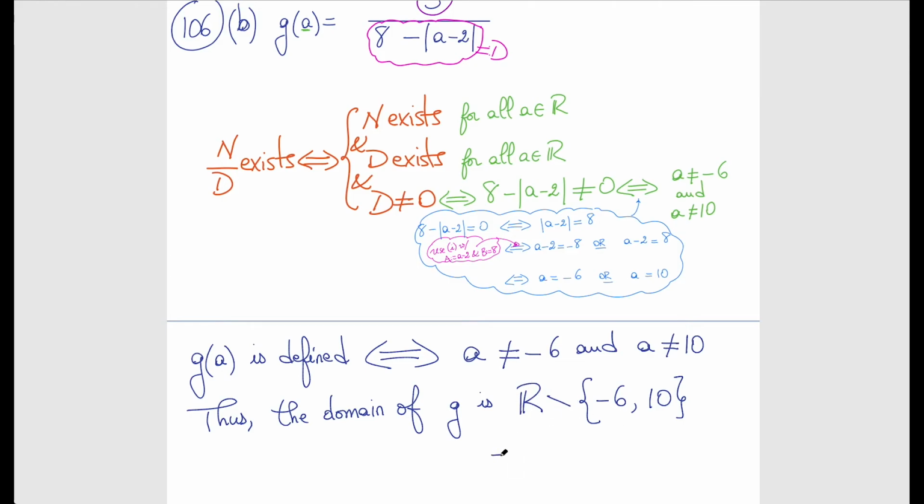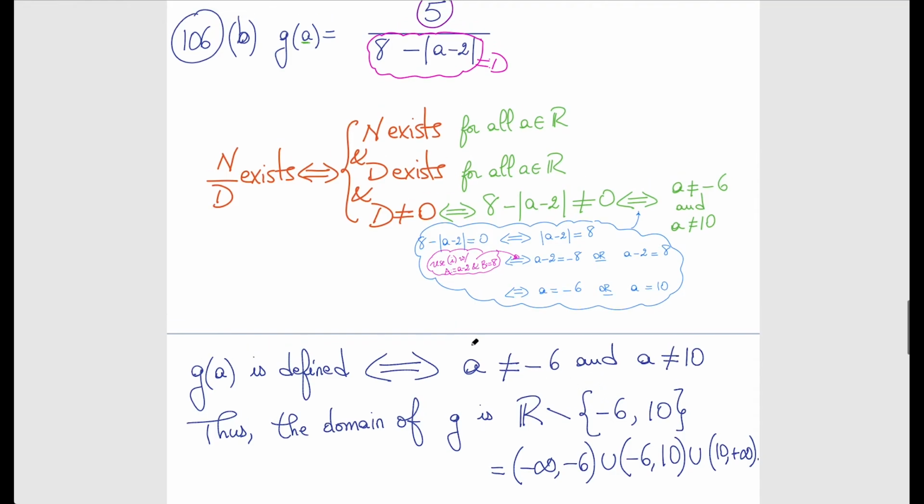Again, don't forget, this is the same as saying minus infinity to minus 6, open, union minus 6 to 10, union 10 to infinity. So either you use interval notation or you use set theoretic difference. These are all the acceptable a's. They belong to this union and are acceptable by the function g.